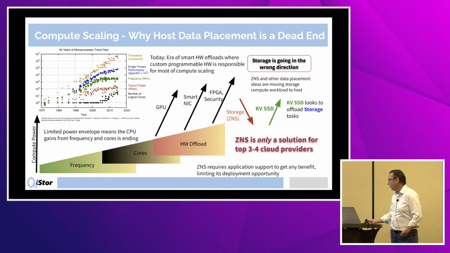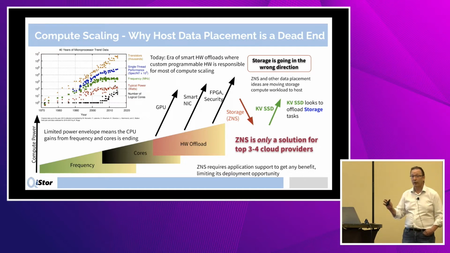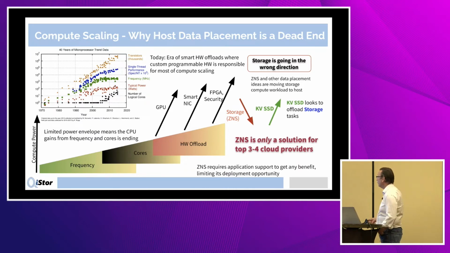Now, for the cloud providers, it's good. I'm not against ZNS. I still think it's better than the alternative, but I don't think it has as high a potential as a KV SSD.